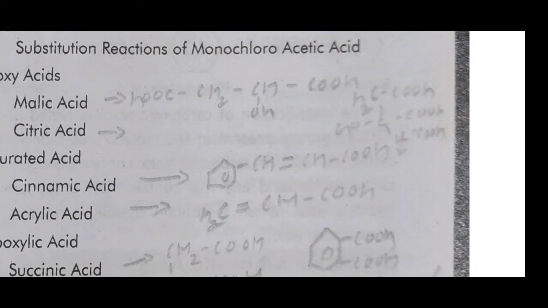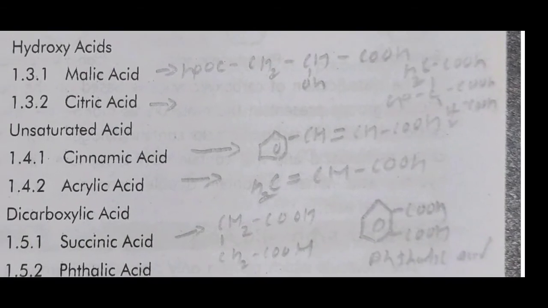Therefore this is again an example of a hydroxy acid. Citric acid and malic acid both contain an OH group, so these two are examples of hydroxy acids.